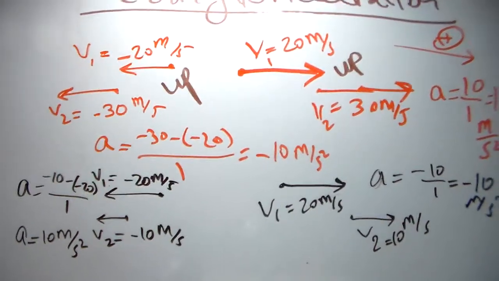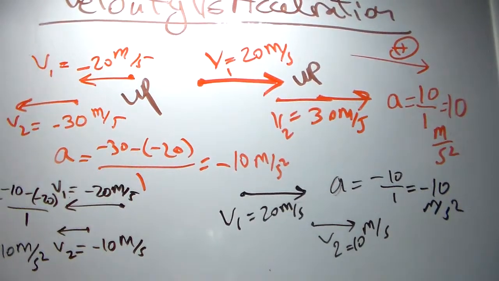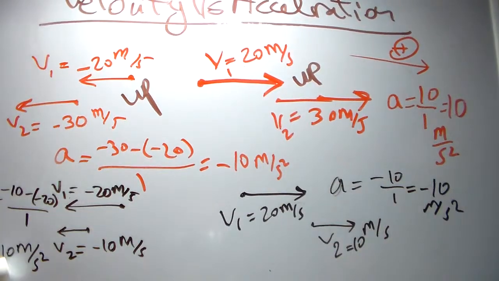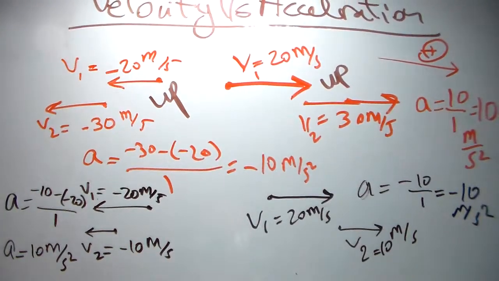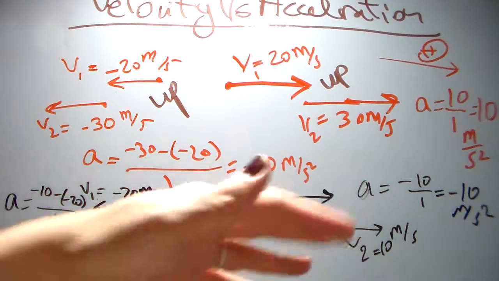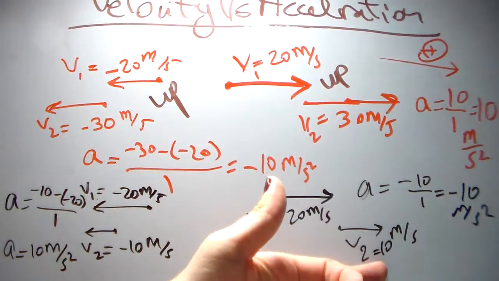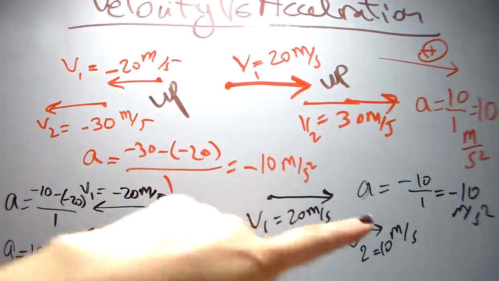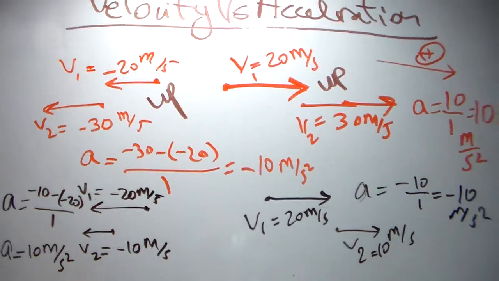Now in the last two scenarios, where you have positive velocities with negative acceleration and negative velocities with positive acceleration, what you had essentially was that you were slowing down. There was traffic right in front of you, so you were going 20, then you slowed down and the speedometer came down to 10 meters per second.